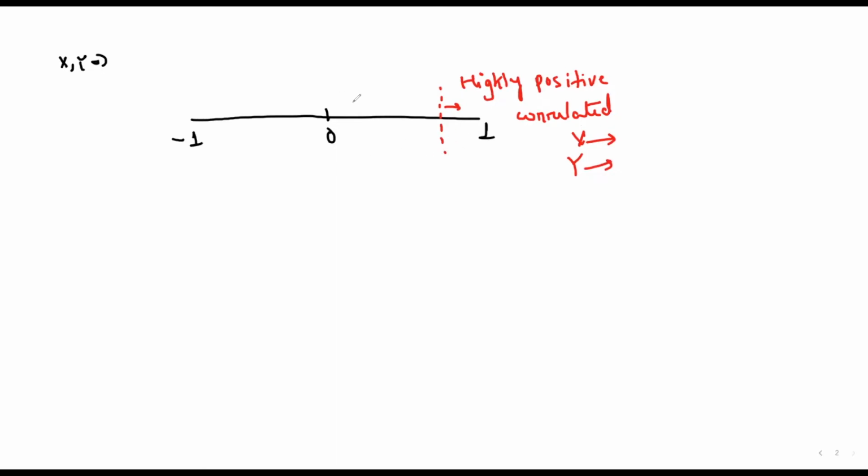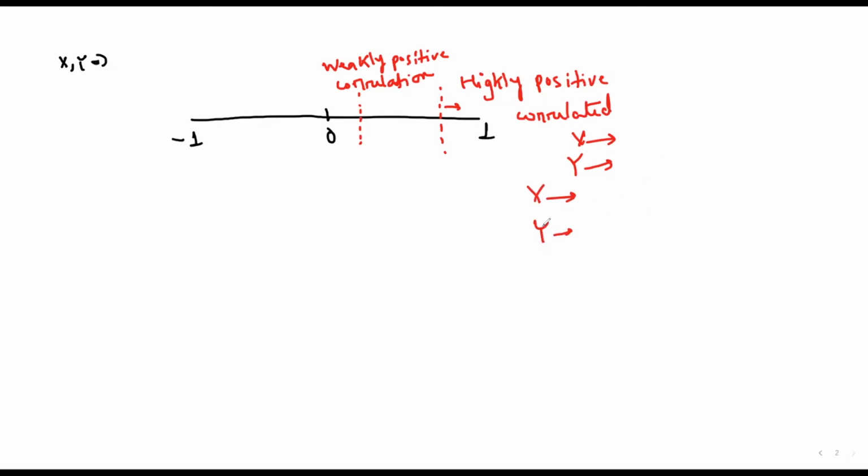If it is almost near to 0, then it is called a weakly positive correlation. So it is weakly related. It means that if X increases, Y will also increase, but in a different manner.